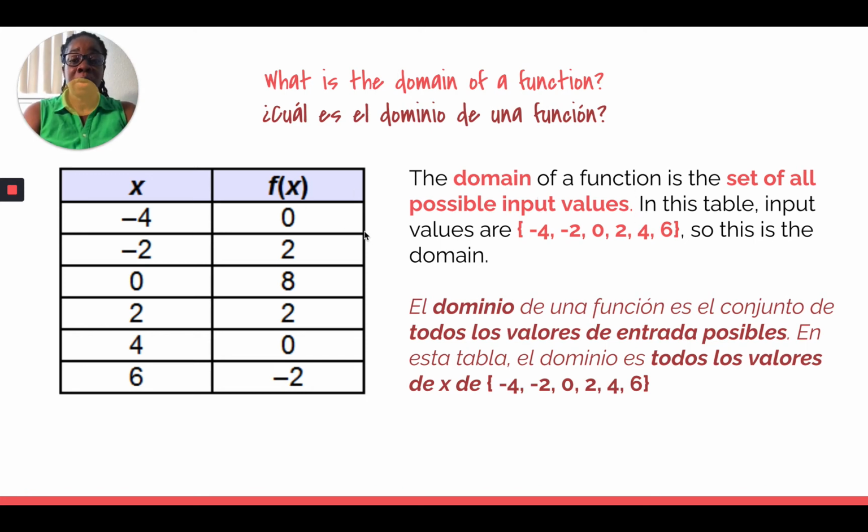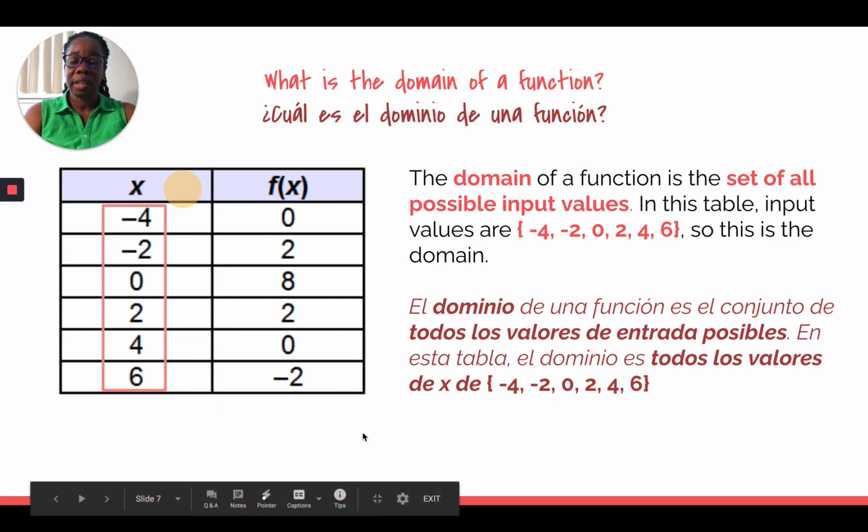Remember, our input values are the same as x values, so in this table, input values would be from -4 to 6. So it would be -4, -2, 0, 2, 4, 6. So our domain is a set of all possible input values that are in the function.